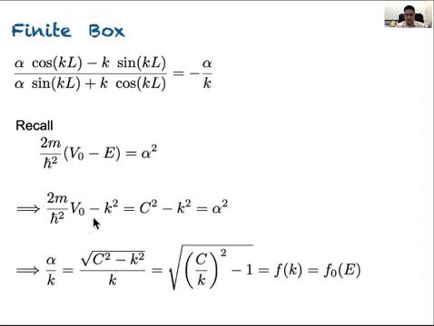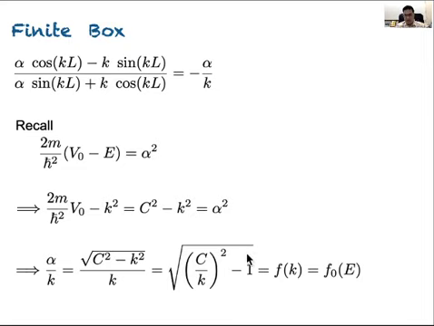So this is what we have obtained. Now if we take the ratio of alpha over k, it is easy: we can divide this quantity by k and this quantity by k, and we have already taken the square root. So this is your alpha over k, which is represented in terms of square root of c over k squared minus 1.